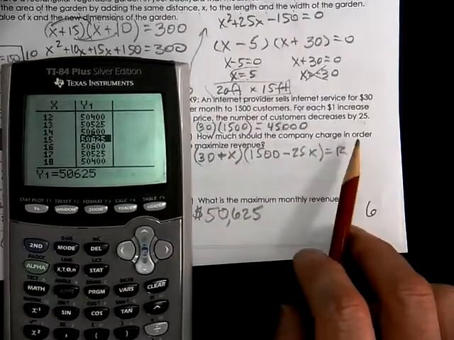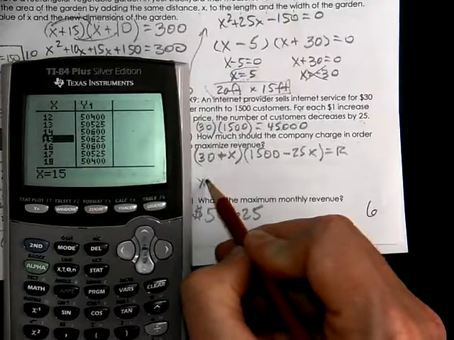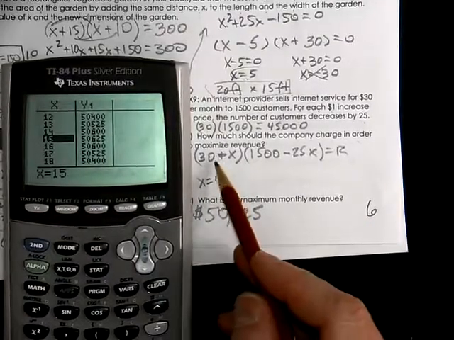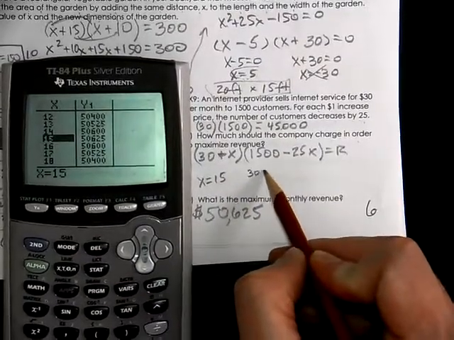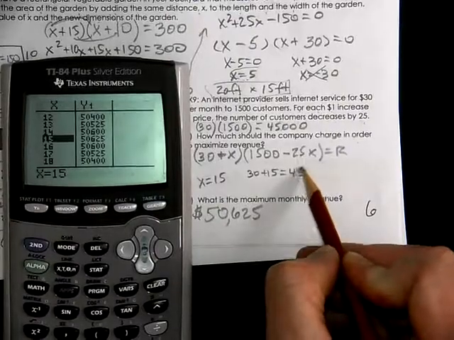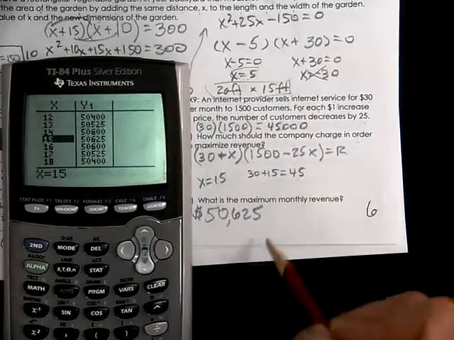Now, how much should the company charge? Well, when x equals 15, so our charge amount is this. So we're going to say 30 plus 15. That gives us $45. $45 is what we should charge.